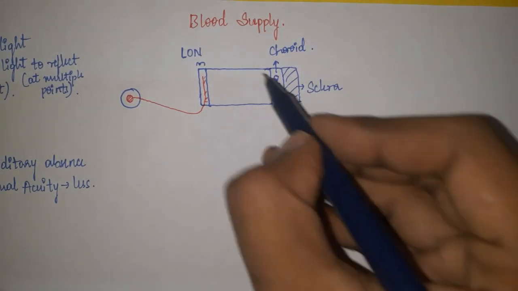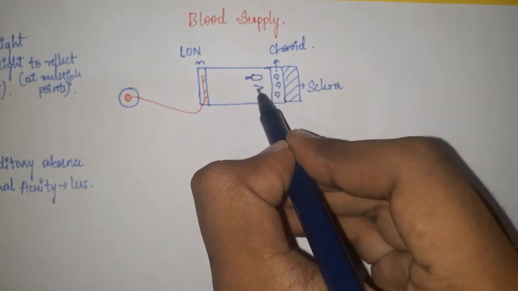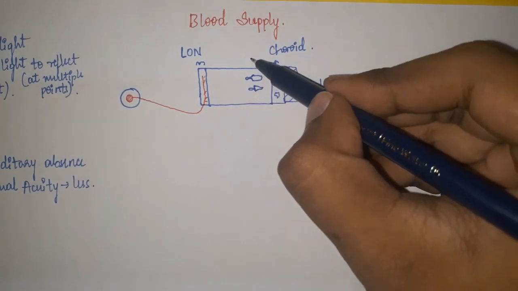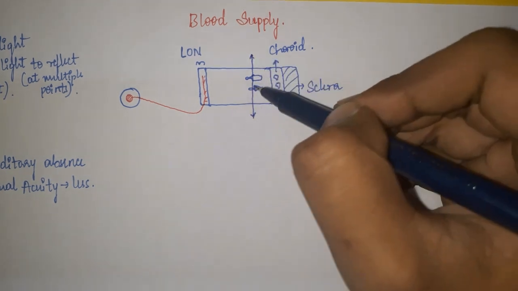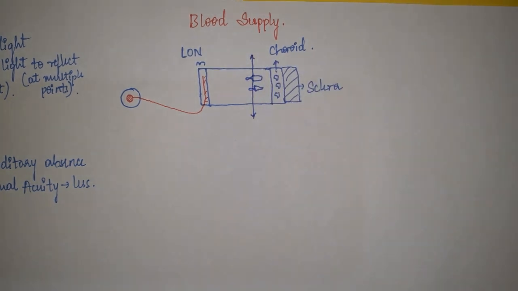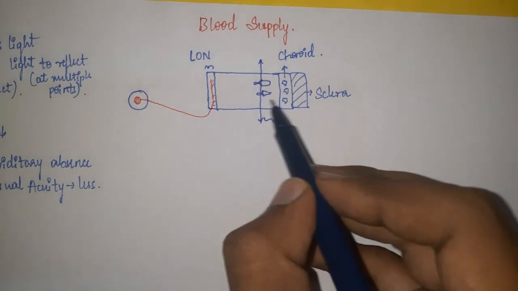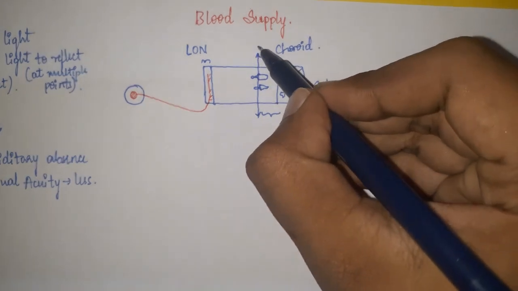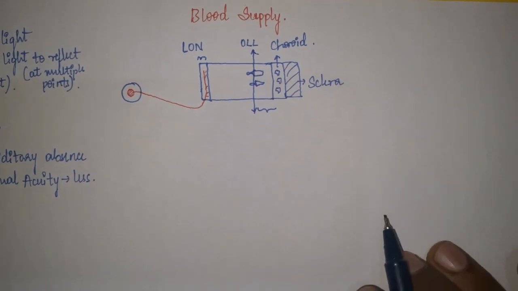Now these are the rods and these are the cones. Let us imagine a line which passes here. This imaginary line is the outer limiting layer, which passes across the rods and cones, as I discussed previously.